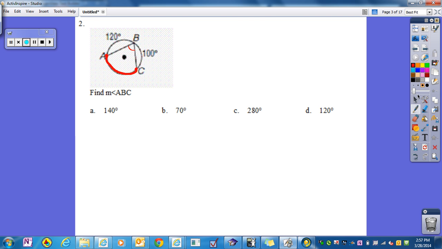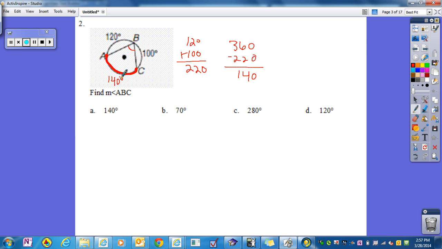First I know that AB plus BC is 120 plus 100, which is 220, which means to find arc AC, I have to do 360 minus 220. So that means arc AC, the amount that's left over, is 140 degrees.